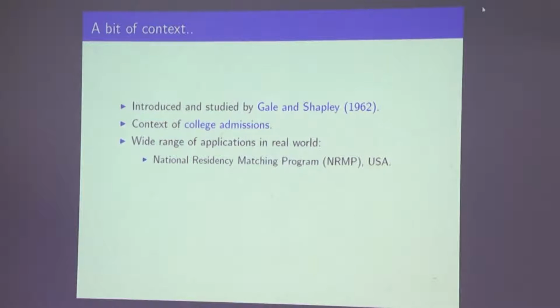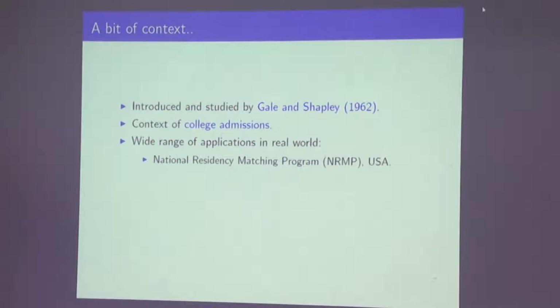That is, in the US, when medical students have to intern, they have to apply to various hospitals. On the other hand, hospitals will have some ranking depending on whether they want to have interns in this department, in some specialization and so on.